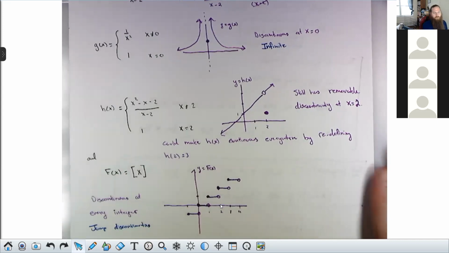So jump discontinuities are what you have when your left and right limits don't match. Removable discontinuities are what you have when you've got a hole where the limit exists, but the function value doesn't match the limit value. And then an infinite discontinuity is a number in your domain or not, where your function blows up to infinity, where you have a vertical asymptote.